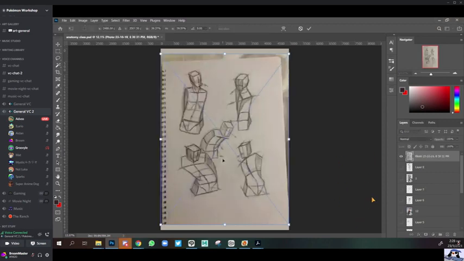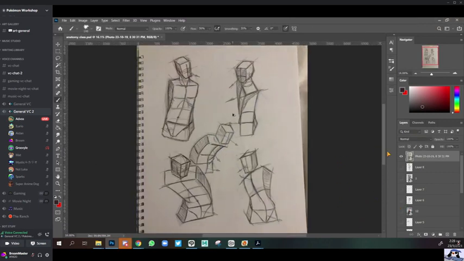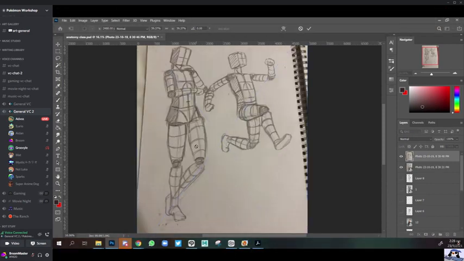So, for the RoboBean, it will be something like this. Now there are some proportion issues here, but this was when I was just starting out. But yeah, you usually want to try and see if you can break it down to simple shapes like this. Then slowly you can move on to full body sketches. We can start breaking it down even more like this.